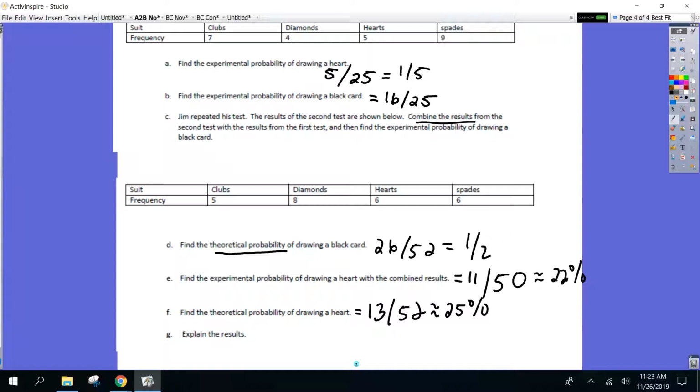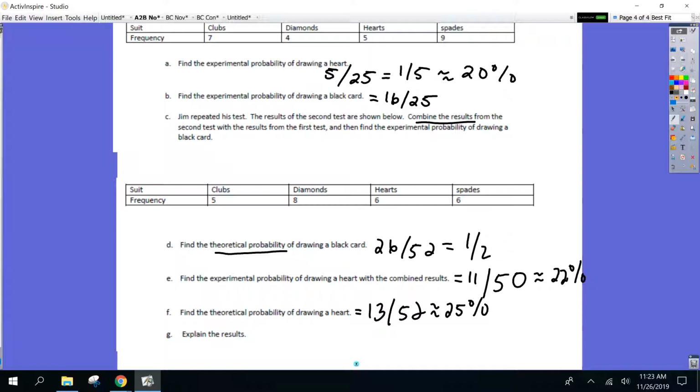Okay? Remember up above, what was his experiment in part A? What was his percentage of drawing a heart here? 1 out of 5 is what percent? You can leave it there now. So you guys tell me. It went from 20, and then all of a sudden he did another one, and now it went to 22, when the actual one's 25. So why did it start creeping up again?